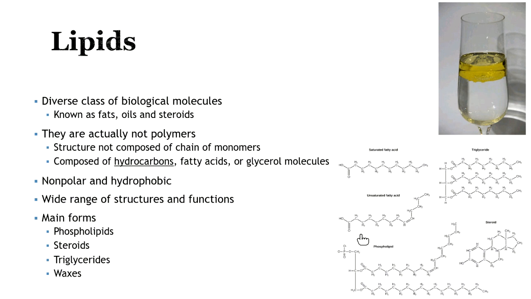It could be kinked. You can have multiple chains like a triglyceride or a phospholipid, or that chain can be folded into rings. Now, one key thing about lipids, these are your fats and oils. They're non-polar and hydrophobic, so not water-loving. Now, there's a lot of different structures just from what you see from this figure right here, and they have lots of functions. So we'll hit on a few of them.